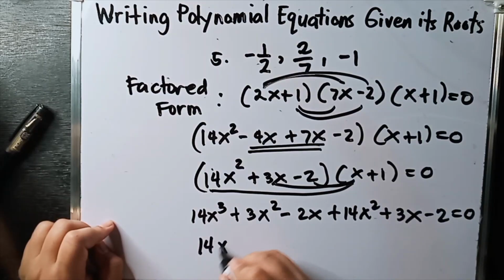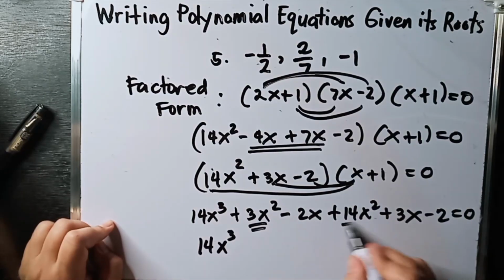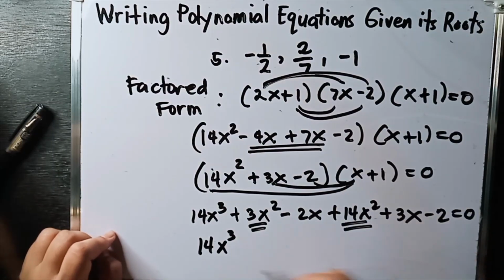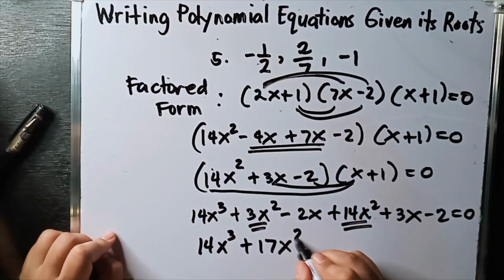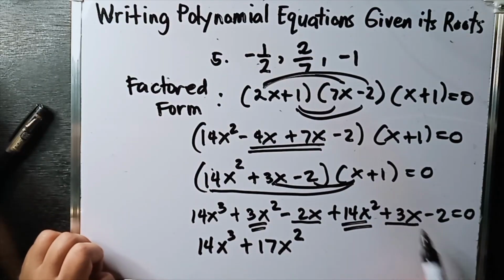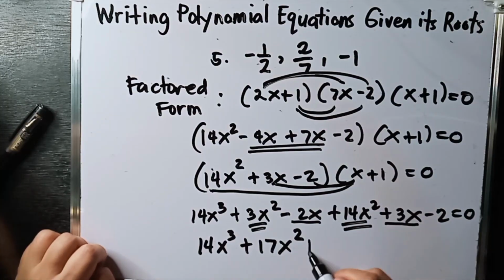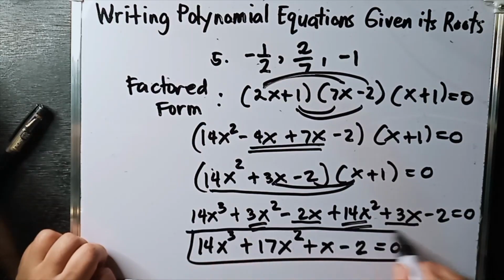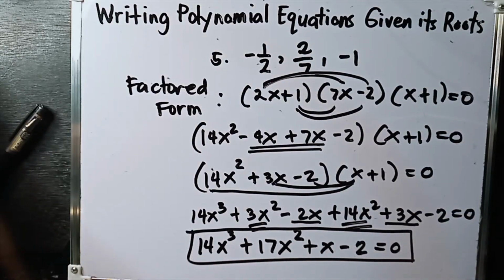We have 14x cubed then. This one can be combined with this. So since they are similar sign, we're going to add their absolute value, which is 17x squared. And then this one, negative 2x plus 3x is positive x. And then bring down negative 2 equals 0. This is now the polynomial equation.